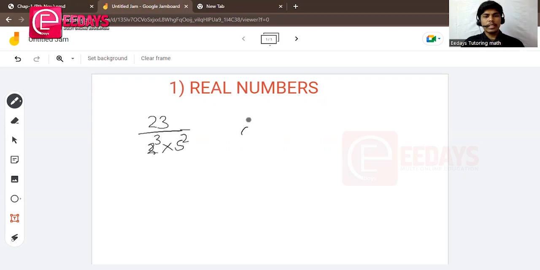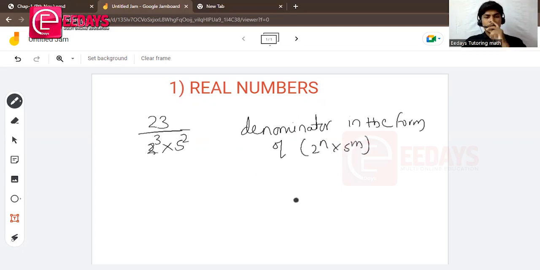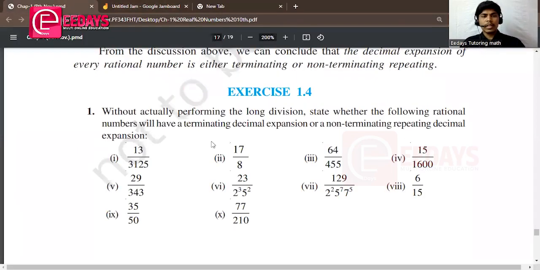Here the denominator is in the form of 2 power n into 5 power m. So that's why we can confirm that it is a rational number, and it has a terminating decimal expansion.